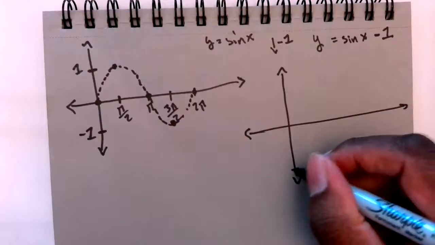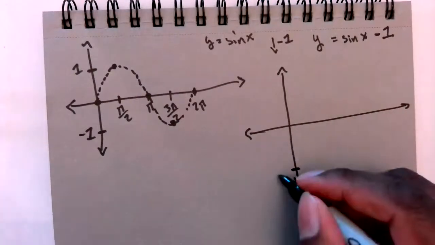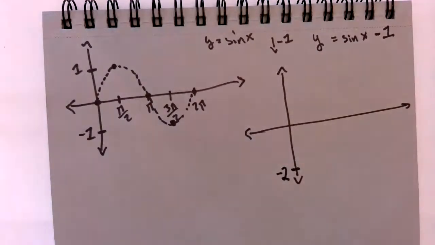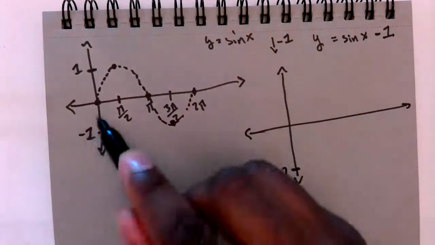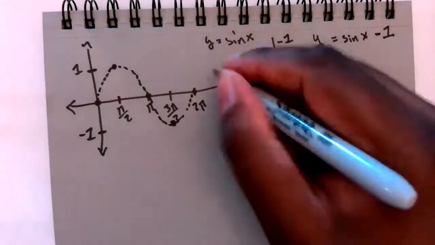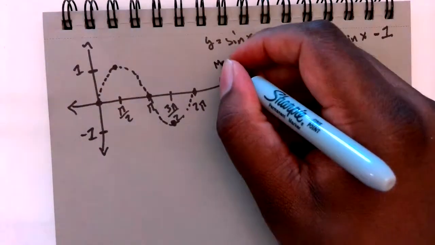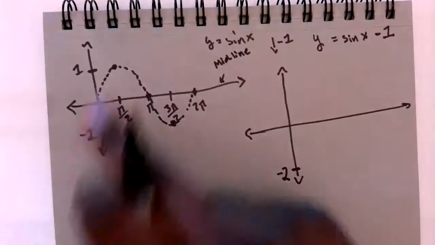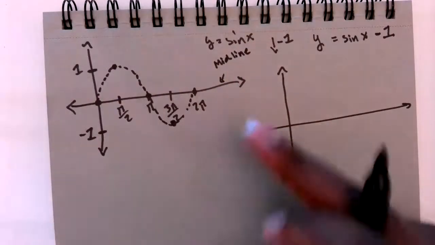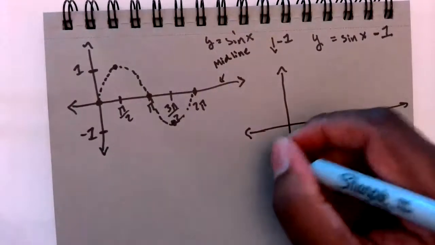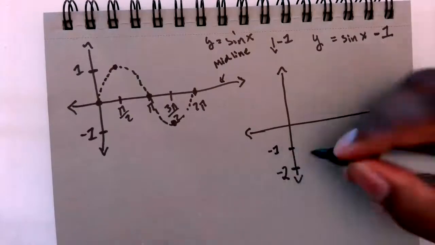Then I'm actually going to be bumping between 0 and negative 2. Why? Because now my midline, which is what's halfway between where you're oscillating from, negative 1 to 1, goes from being here to being here at negative 1. So let's make this our new midline.